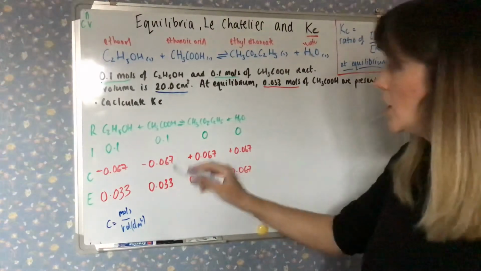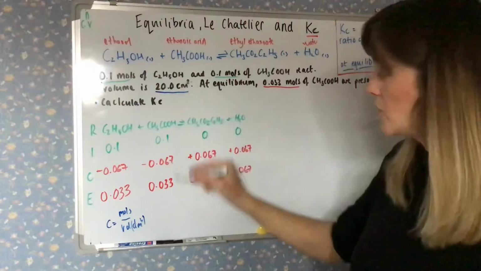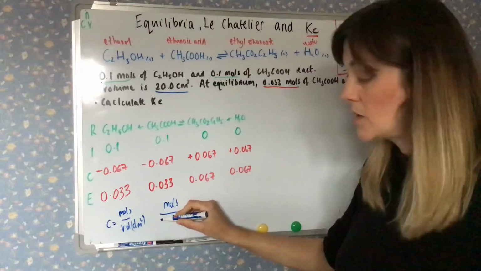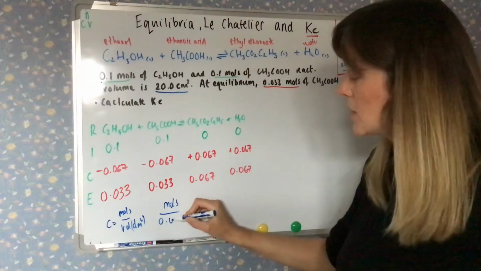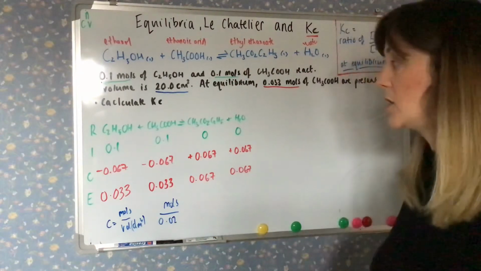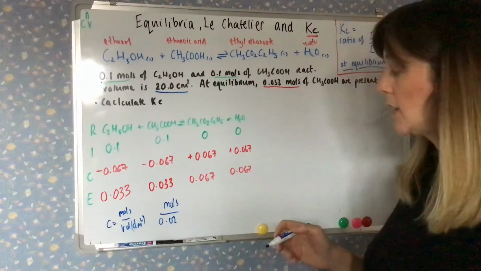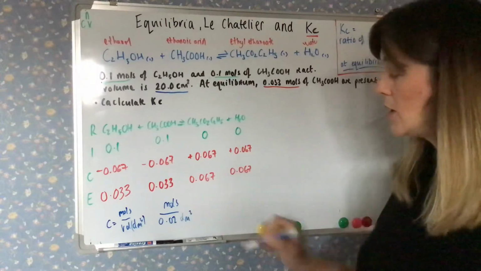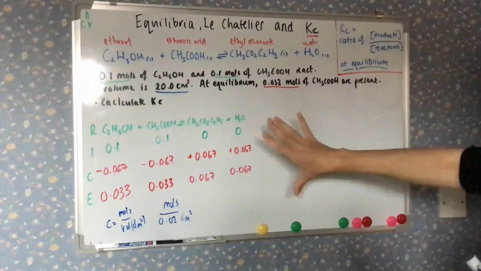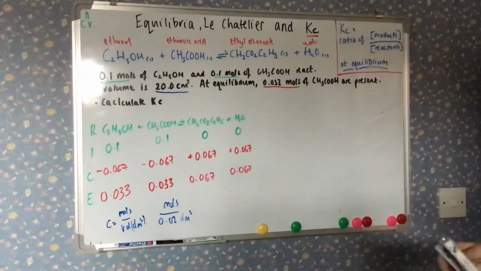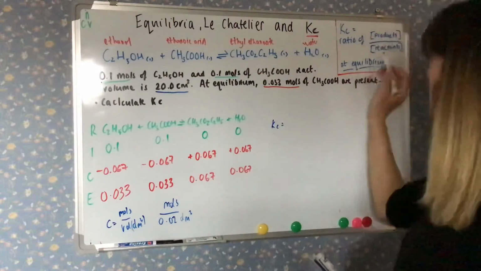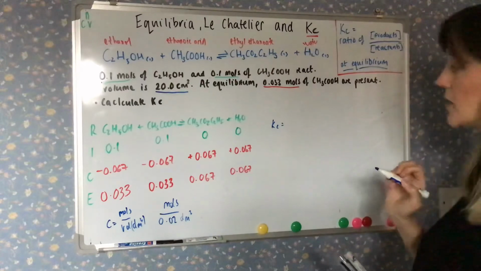So we do moles, whatever moles we've got, divided by 0.02 decimeters cubed. Okay? So I'm going to write out the Kc expression in full here, so you can see that I've done that. So Kc is equal to, we've got the concentration of the products first.